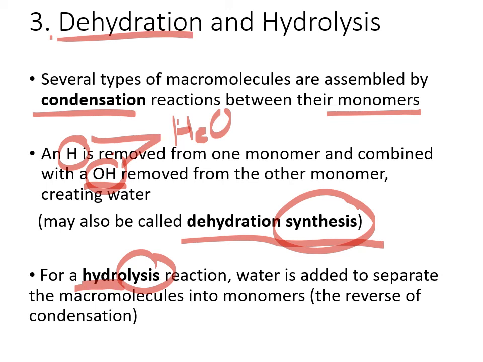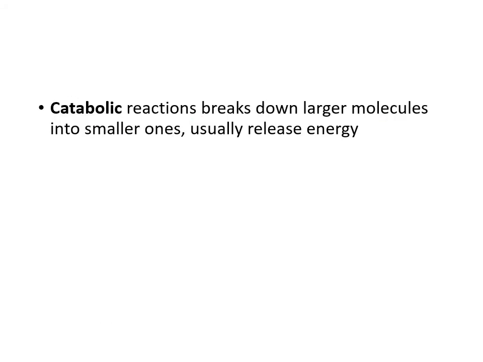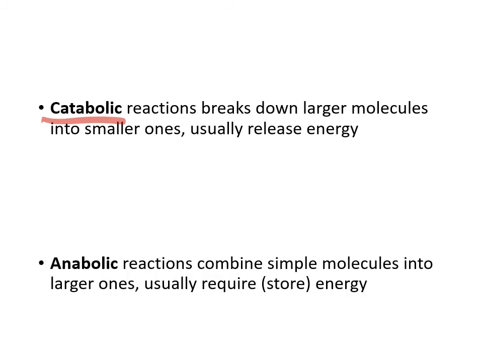You can break them down into their amino acids by doing a hydrolysis reaction. So we have these two processes that we can do. We refer to the breaking down of larger molecules as catabolic, and then the reactions that combine simple molecules into larger ones, the sort of building up of them, anabolic reactions. So we're going to look at those two when we get into metabolism.